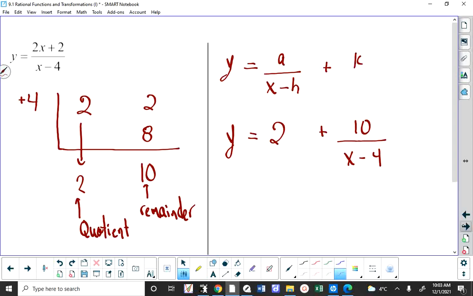And then it's a matter of switching the order that we wrote these two terms in and saying 10 over x minus 4 plus 2. You can now see that a is 10, h is 4, k is 2.